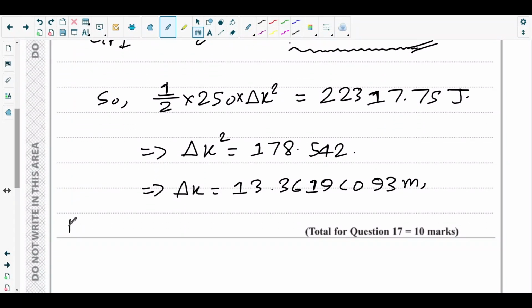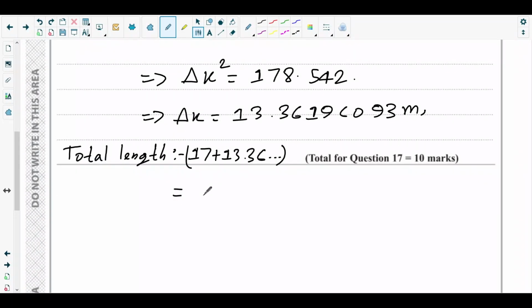So total length would be, original length is 17, so 17 plus 13.36 something. This will give 30.36 something meter, which is basically less than 35 meter.